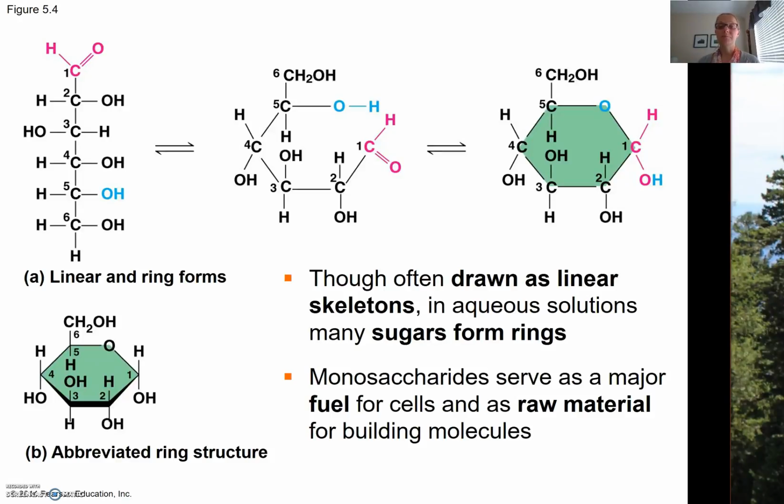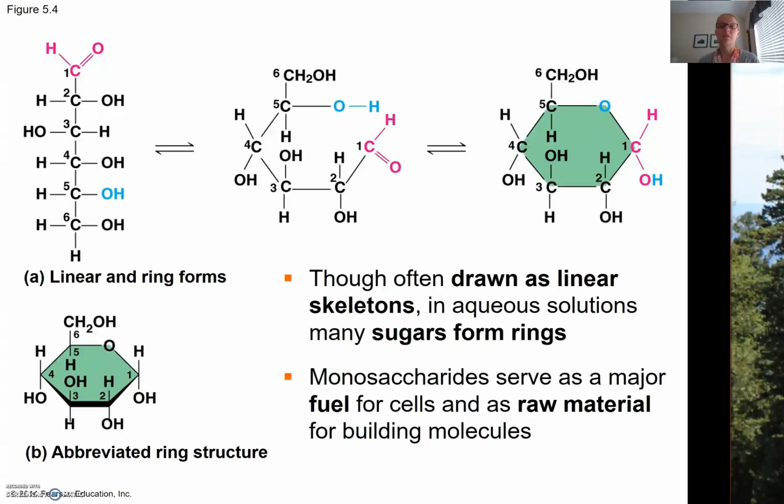And as we'll see in a little bit, it matters whether those components are on the top or on the bottom of the ring. The other thing it's important to note is that while typically we consider monosaccharides as a really good source of fuel, like glucose, for your cells, cells are really good at reusing materials. They don't like to start from scratch, right? They'd like to take the easiest, shortest route possible to get to wherever they want to go. And so having that nice 6-carbon skeleton in monosaccharides like glucose, that serves as a great raw material, right?